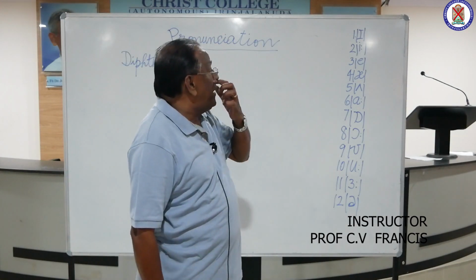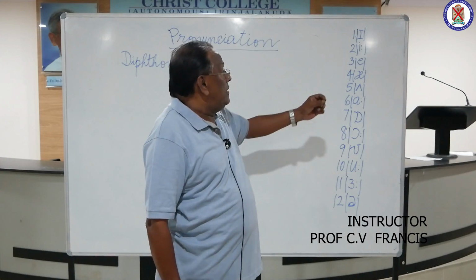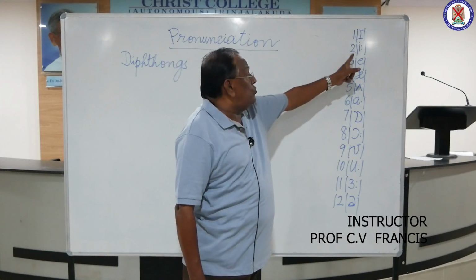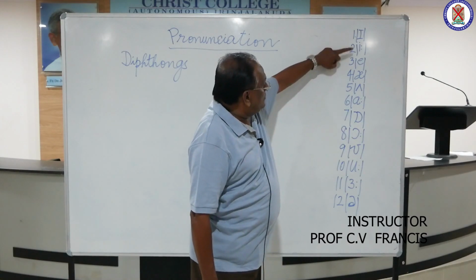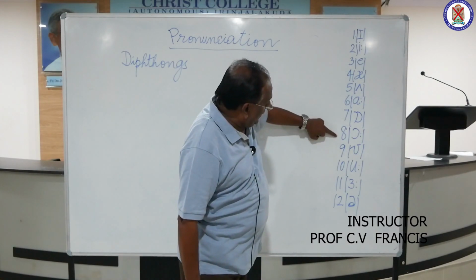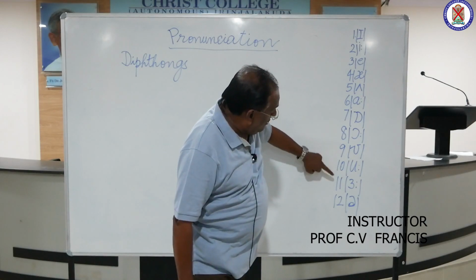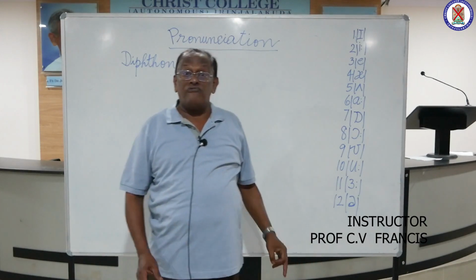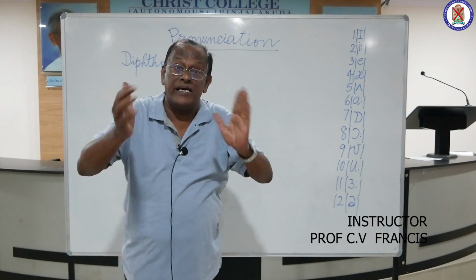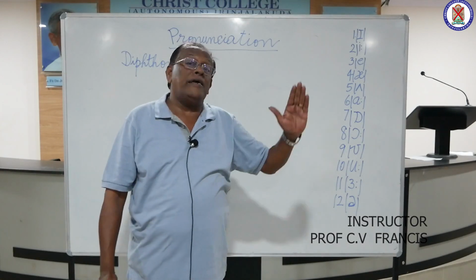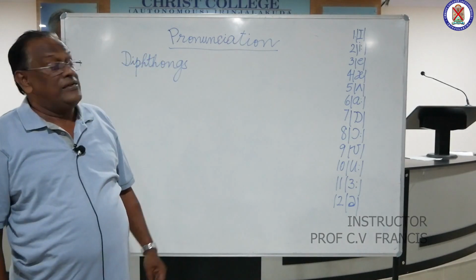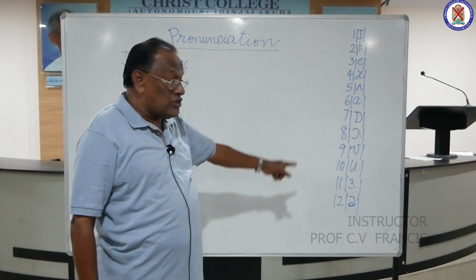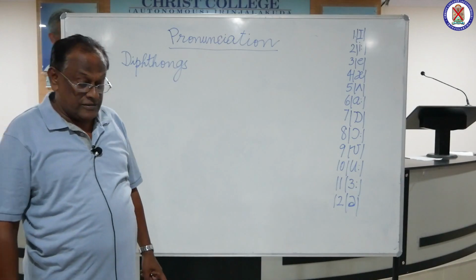Out of these, you can see the symbols with the two dots on the side: 1, 2, 3, 4, 5. Five of them are long in nature compared to the others, which are shorter. So these are the 12 pure vowels.